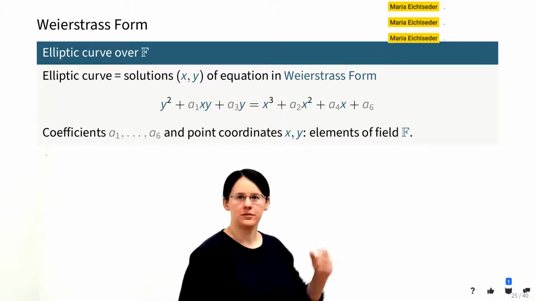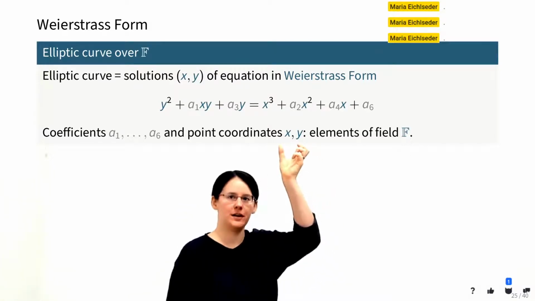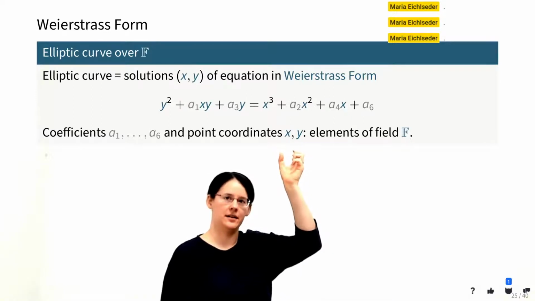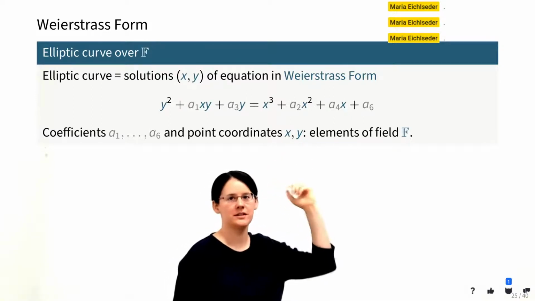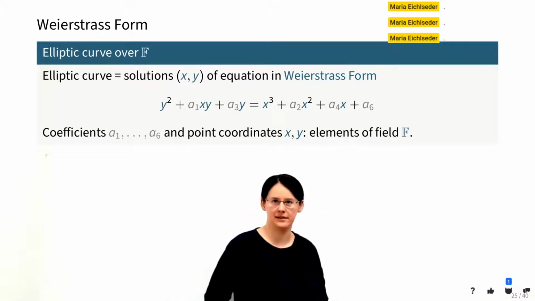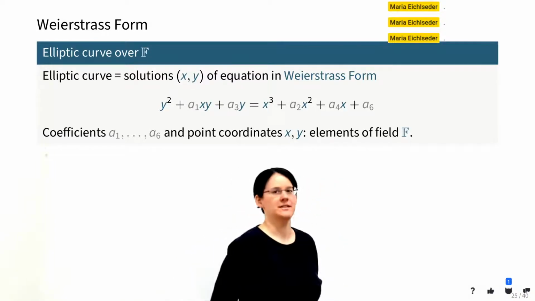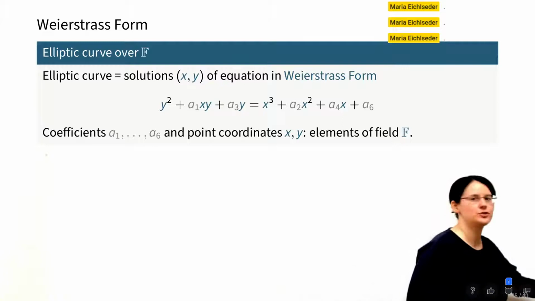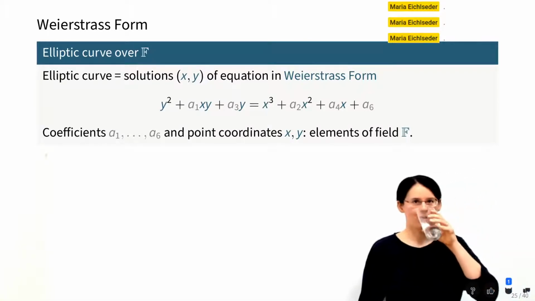The elements of the curve are then all valid combinations of x and y. The x and y's, as well as the coefficients, are elements of some field. In cryptography, of course, we're interested in finite fields for this purpose. So an elliptic curve is nothing else than a set of solutions to some equation.